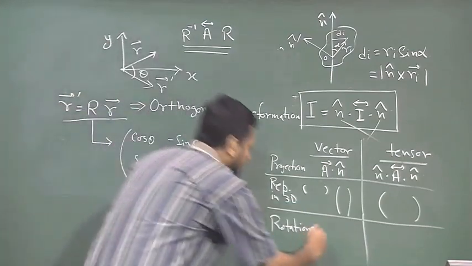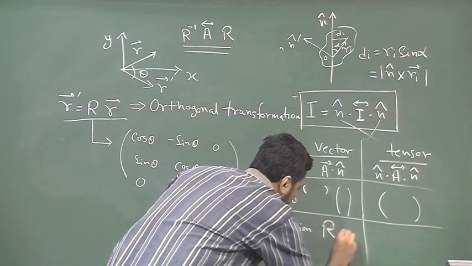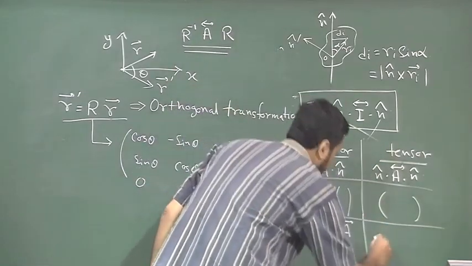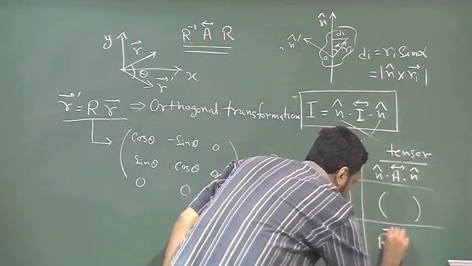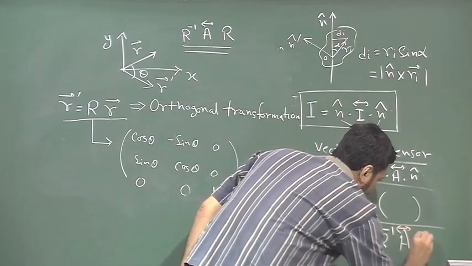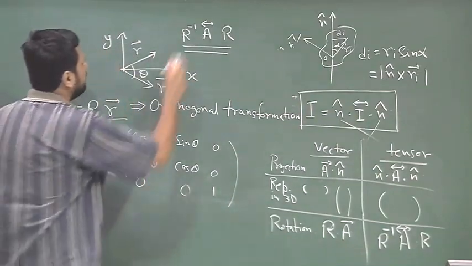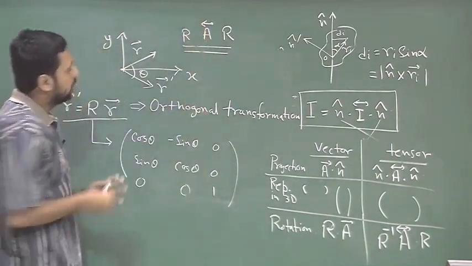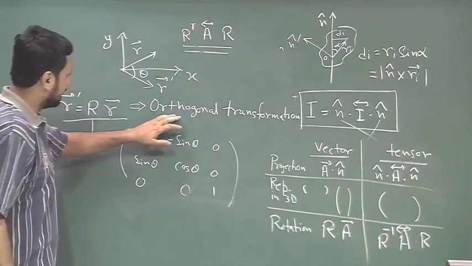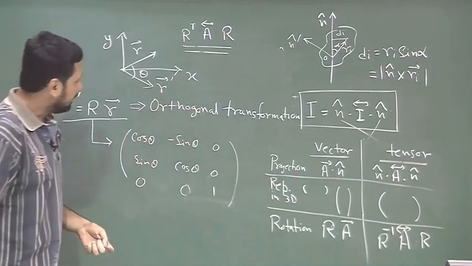So, for rotation of a vector we have R times r, and for rotation of a tensor we have R inverse A R. Now, this R inverse can also be R transpose, because of certain properties of orthogonal transformations which we are not discussing here.